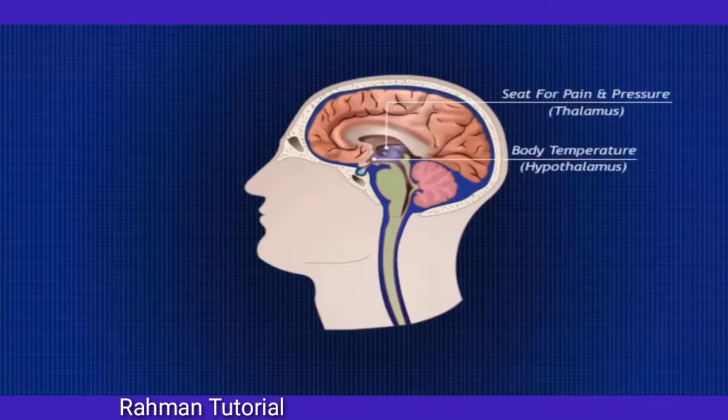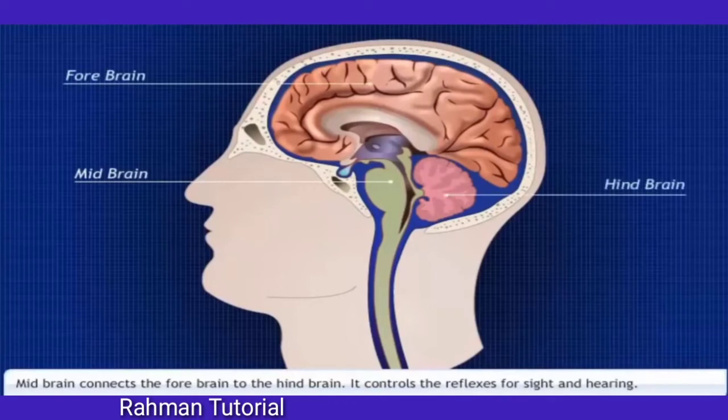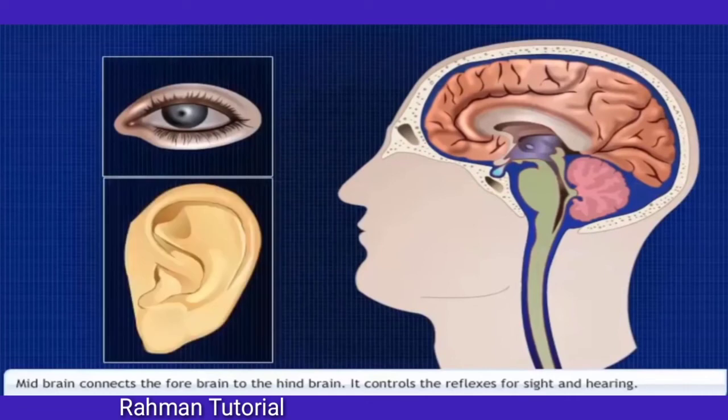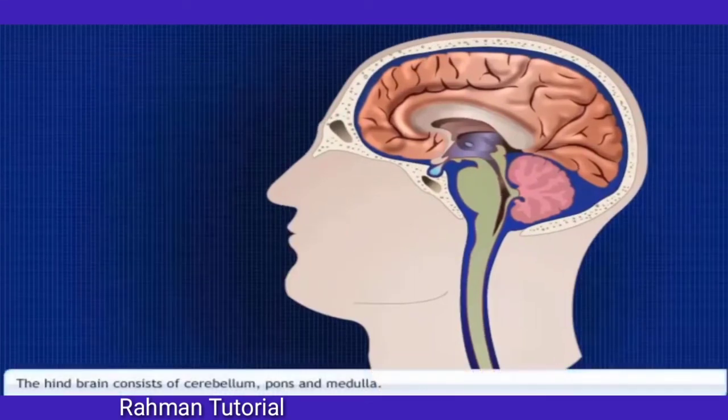The hypothalamus regulates the temperature in the body. The midbrain connects the forebrain to the hindbrain. It controls the reflexes for sight and hearing. The hindbrain consists of cerebellum, pons, and medulla.